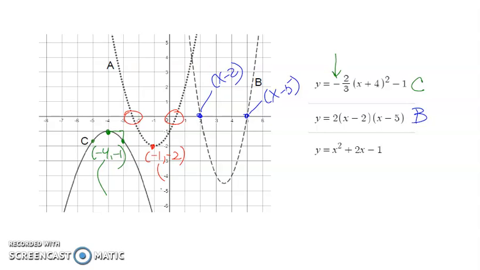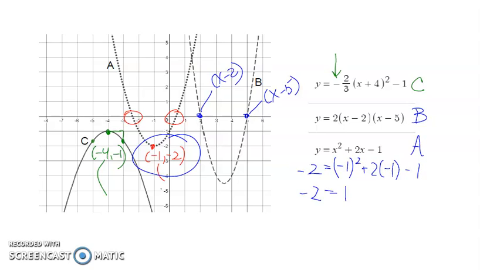On the third equation, I'm going to substitute in the vertex and show that the vertex actually works for the third equation. So the answer is going to be -2. We have -1 squared plus 2 times -1 minus 1. So -1 squared is 1.